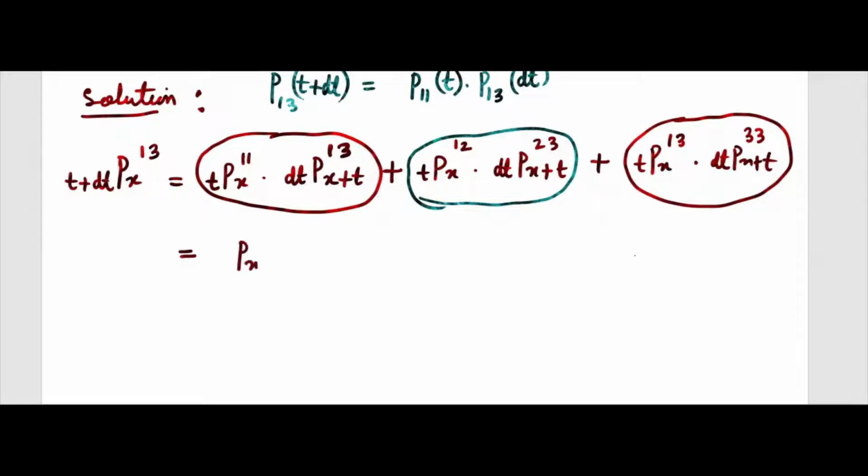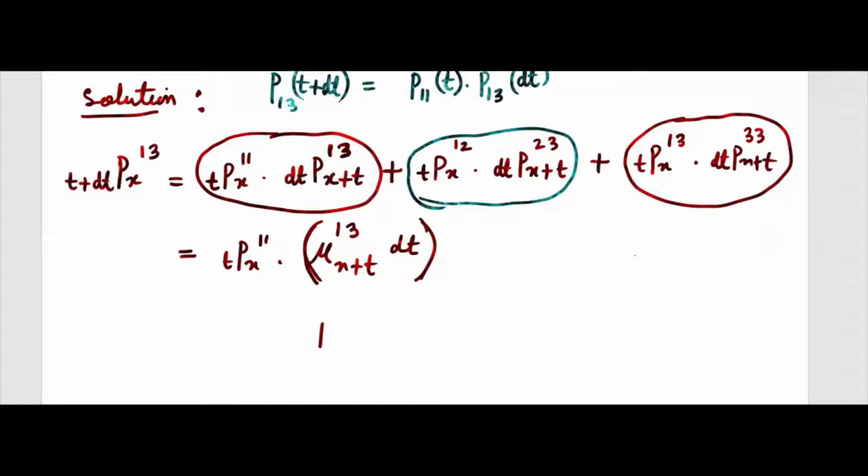P xt 1 1. Then this one will be, if you remember, mu x plus t 1 3. We have order of t also, and the time duration we write, plus order of dt is also there. What is the exact property? Who can answer?